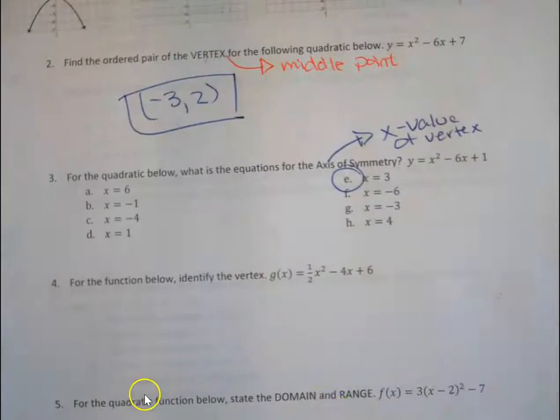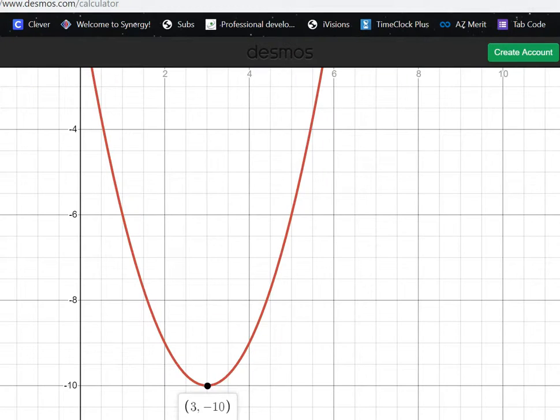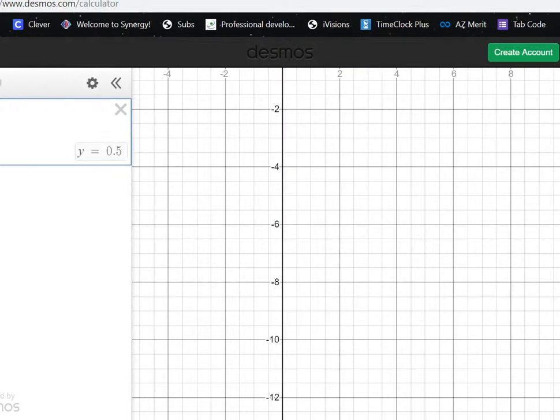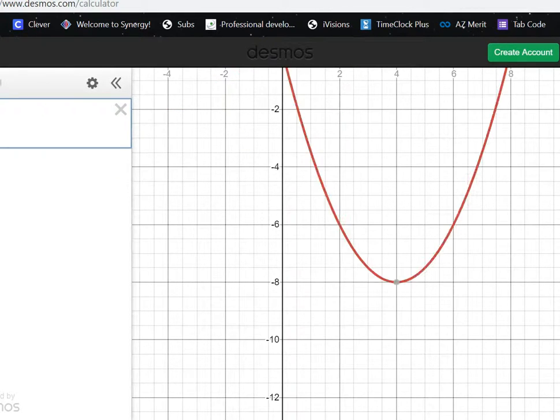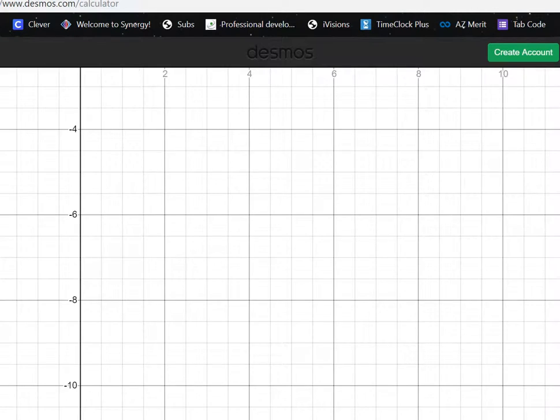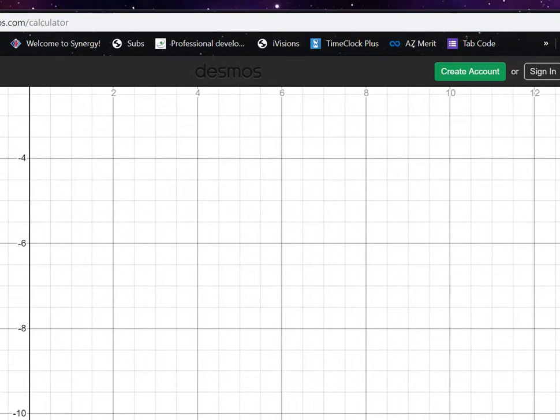Same thing on number 4. I'm going to go back to Desmos and type in my equation. So I'm going to just put that, x squared minus 4x plus 6. Let me see if I can make this smaller.